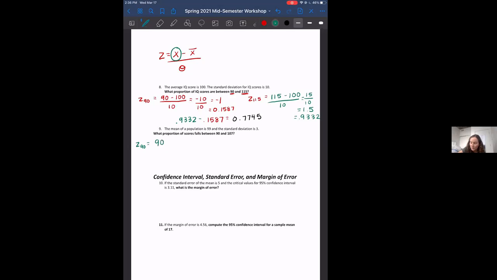And what is the mean? 99, good. And what about the standard deviation? 3, good, thank you. So 90 minus 99 is -9, divided by 3 is -3. What do you get when you plug that into your z-table?